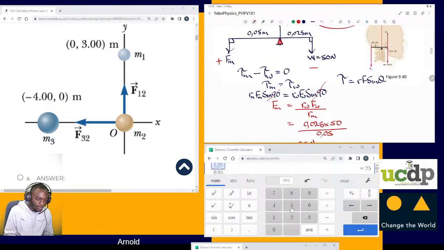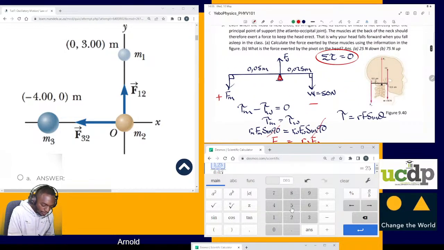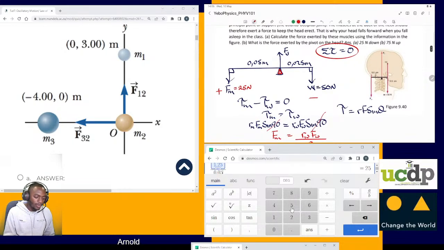So Fm is 25 newtons downwards as shown on the diagram, which is exactly what we're expecting again.